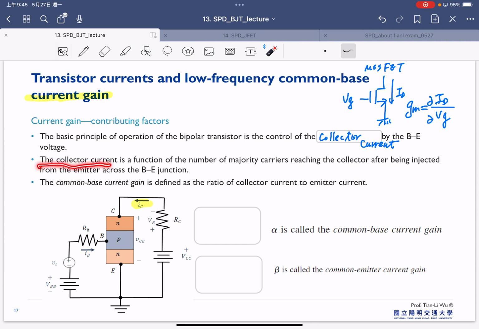The collector current is a function of the number of majority carriers reaching the collector after being injected from the emitter across the base emitter junction. So we define the common base current gain as the ratio of the collector current to the emitter current.